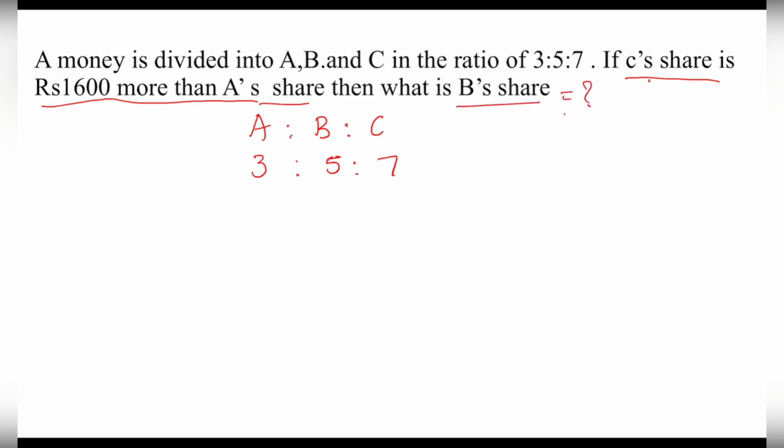Okay, what data is given? C's share is 1600 more than A. Now this is the ratio among which it is divided. Now in the ratio, A and C, because here they are saying C and A, isn't it?